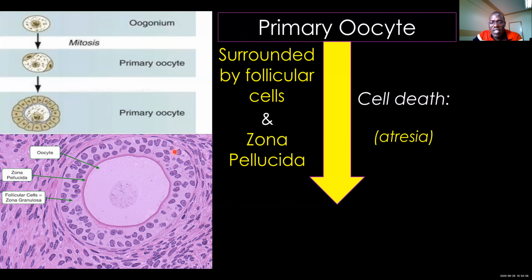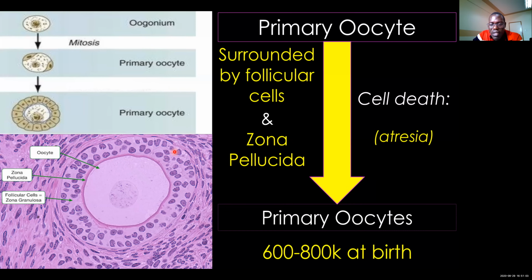What I'm now saying is that by the time this girl child is approaching birth, a number of these primary oocytes will have died. They undergo what we call follicular atresia. So you get atretic follicles, follicles that have died. Follicular atresia occurs so that by the time the girl child is being born, poor girl, they are less than 1 million.